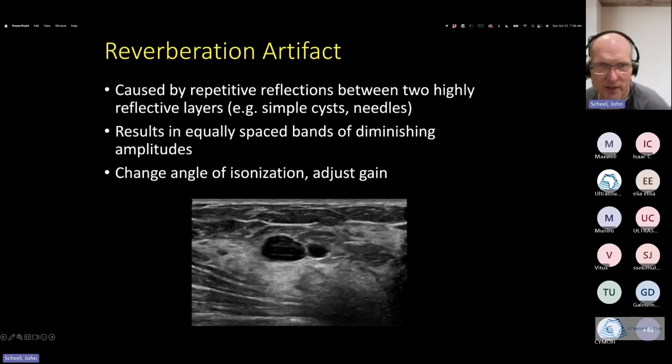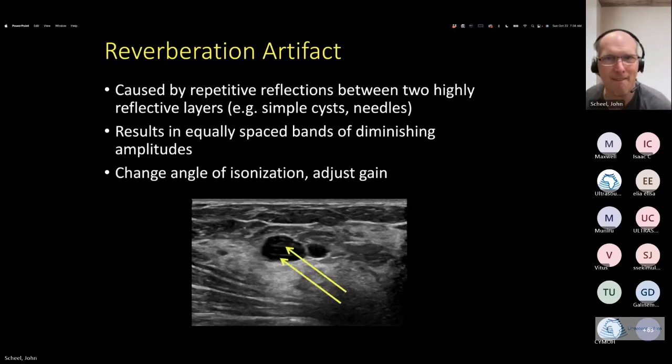And if you see that, it tells you that it is a cyst. You can change the gain. You can change the angle to try and reduce these, but typically we just let them go because they're a good sign that there's a cyst. There's the reverberation artifact.